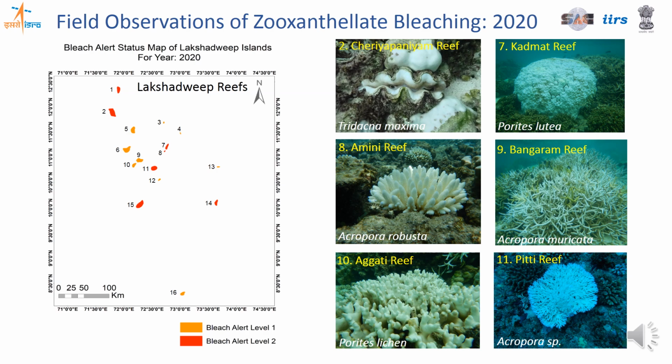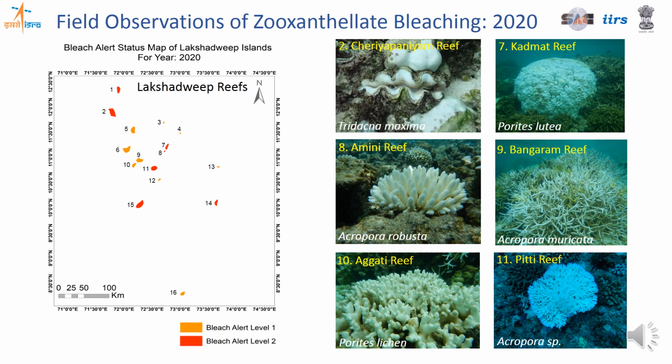It's Tridacna maxima, and so it is itself communicating that it is not only the corals. This kind of mass coral bleaching event is not confined to only corals, but also to any kind of marine invertebrates, animals, or organisms having any kind of zooxanthellae association. They are going to bleach during this time.